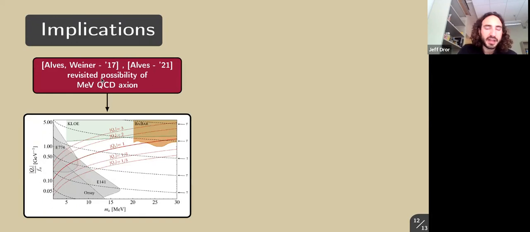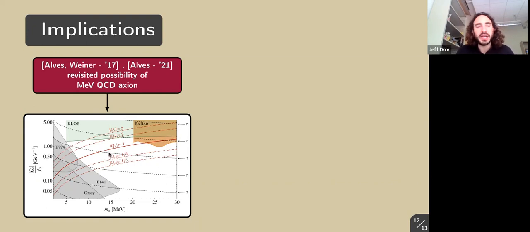An example of that is this nice paper by Daniela Alves and Neal Weiner back in 2017, and a follow-up by Daniele more recently, where they looked at the possibility that the QCD axion, the one that solves the strong CP problem, could actually still be sitting at around a mega electron volt. This requires some unconventional assumptions about the interactions of the QCD axion with pions. You have to be in what's called the pion-phobic limit of an axion.